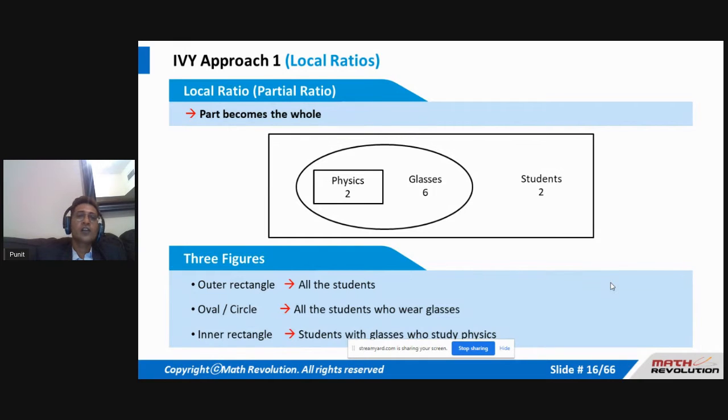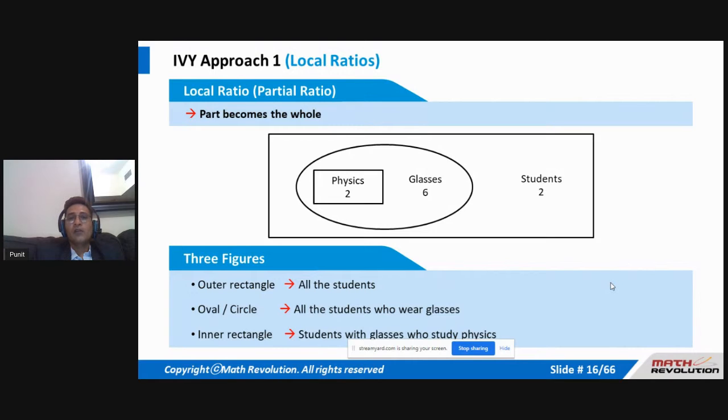The oval or circle that we are looking at is all those students who wear glasses, because it's not mandatory that every student will wear glasses. The inner rectangle that we see on the screen is the students with glasses who study physics. There could be students without glasses who study physics, and there could be students who study physics and wear glasses. So this is how we have segregated it.